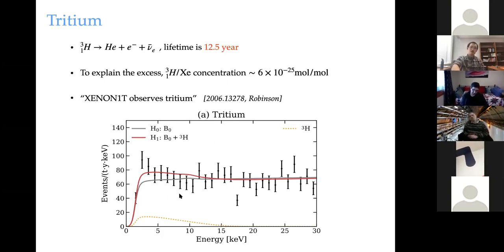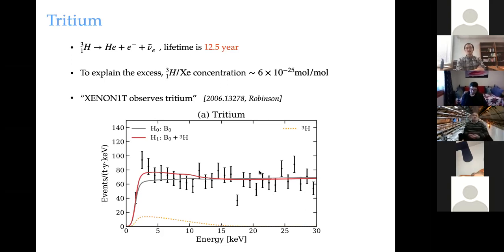The plot here shows the data, the gray line is the background, and the dotted line is the tritium contribution. It seems to fit the data reasonably well. Tritium is a real background because of its decay rate. Its lifetime is about 12.5 years, which is awkward.